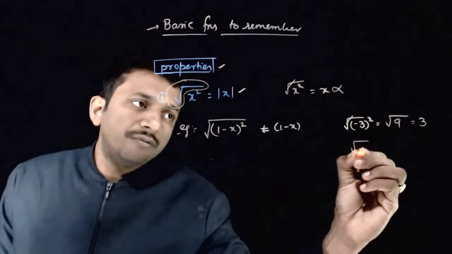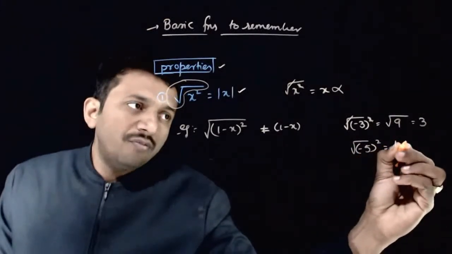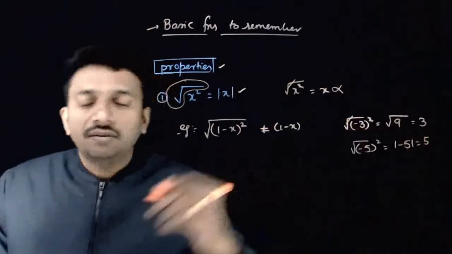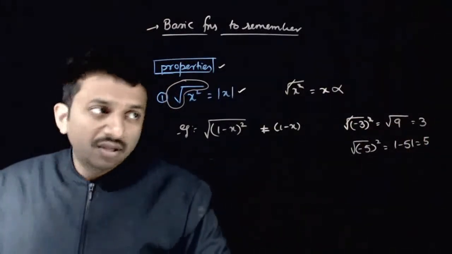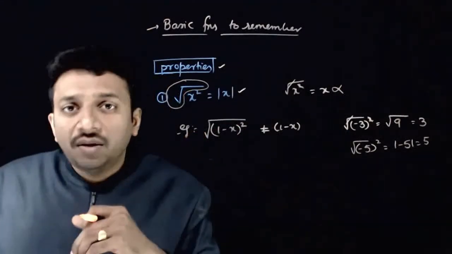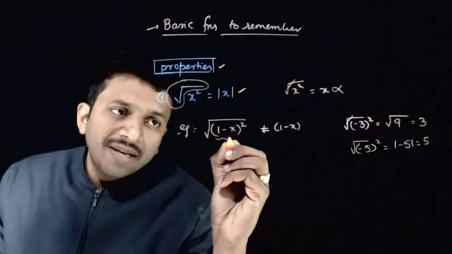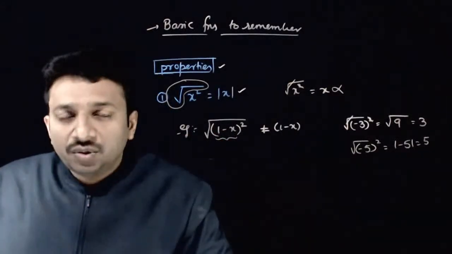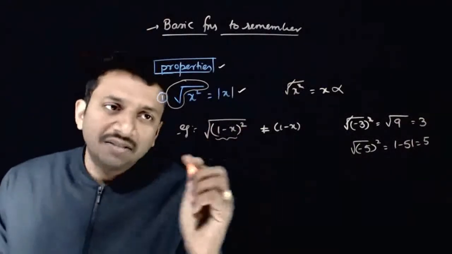So square root of (minus 5) whole square is mod of minus 5, which is equal to 5. So square root of (1 minus x) whole square is not always equal to 1 minus x, because we don't know whether 1 minus x is positive or negative. What we know is we get the positive value of this number as the answer.